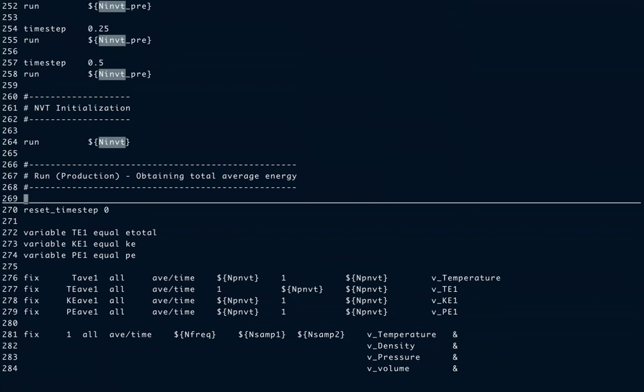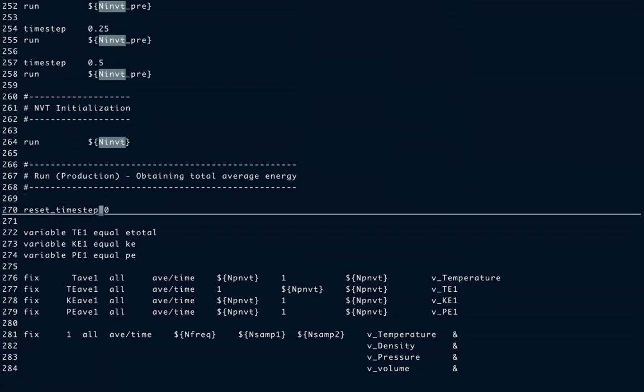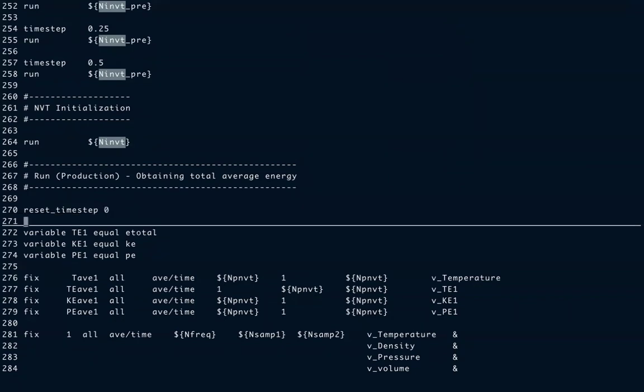And during this production run, I will obtain the total average energy. For the sake of bookkeeping, I will reset the time step to 0 before I begin the production run.